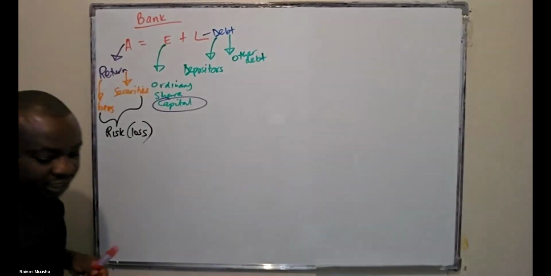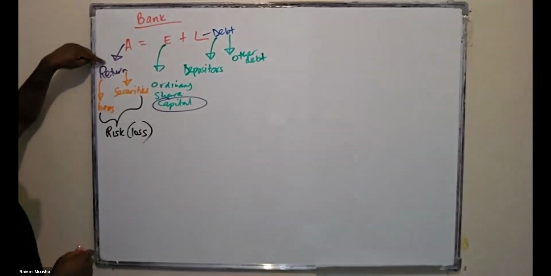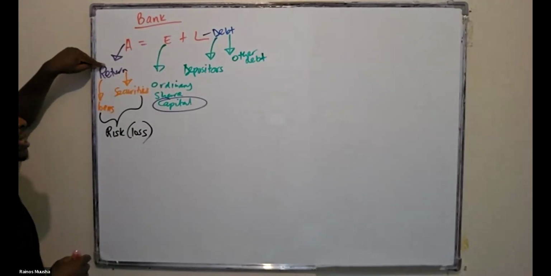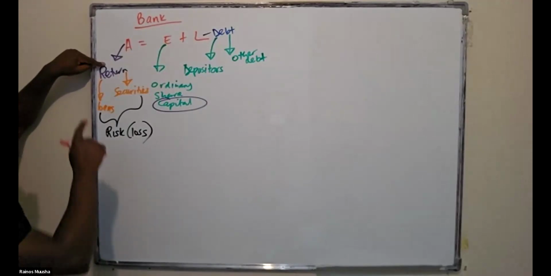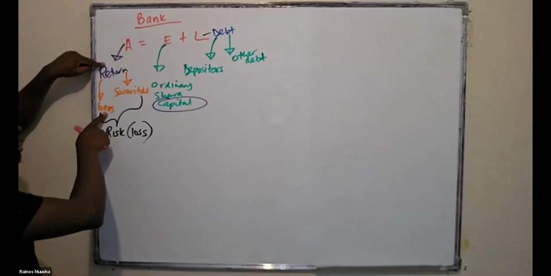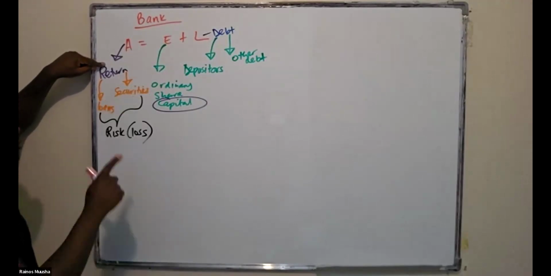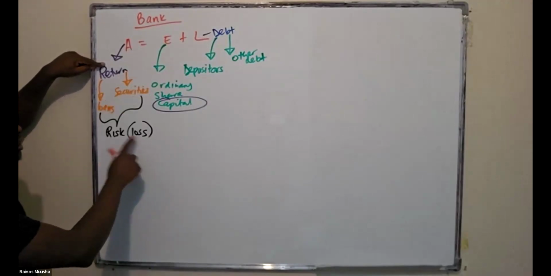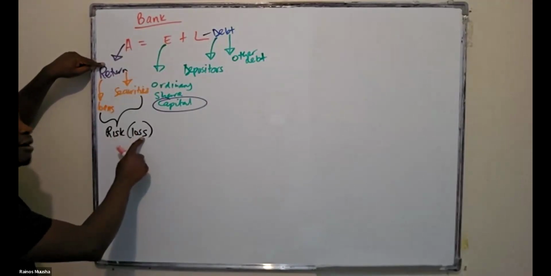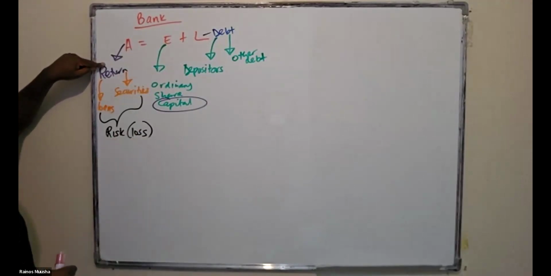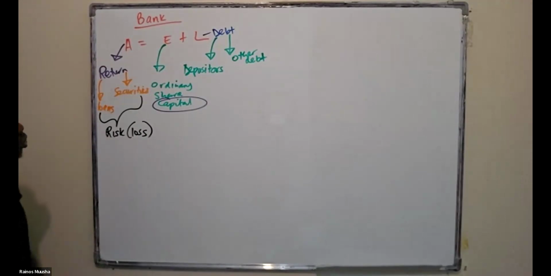Now, when it comes to the return, how do banks generate this particular return? They can generate this return through giving out loans or investing in securities. But remember, we said when they pursue this activity, there's a risk that they might suffer a loss. Now, the question becomes, how do we categorize these different losses?